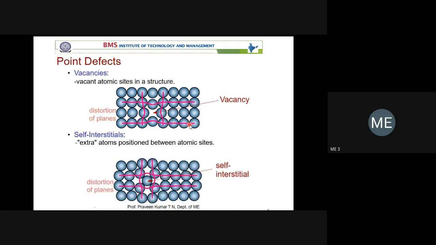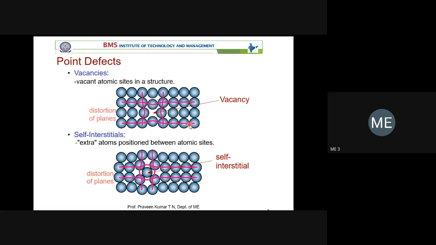Self interstitials. So we have a regular atomic structure. Let it be simple cubic. All corners have one atom each. One more additional atom enters and occupies a body-centered position or some other position. Then it is referred to as a self interstitial. Imagine we have only Fe.